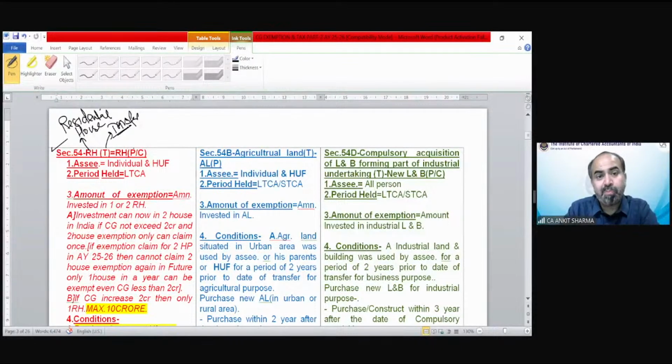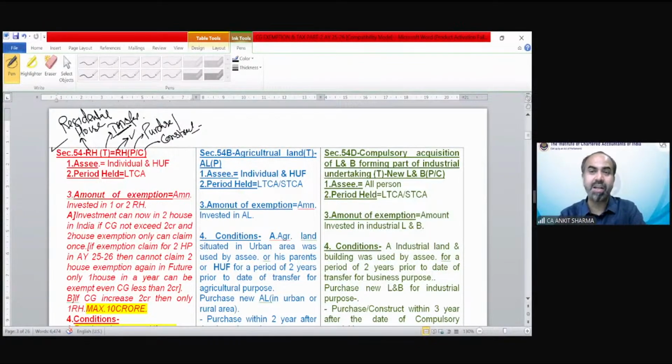And if you purchase or construct a new residential house against that transfer of a residential house, then you can claim section 54 exemption.